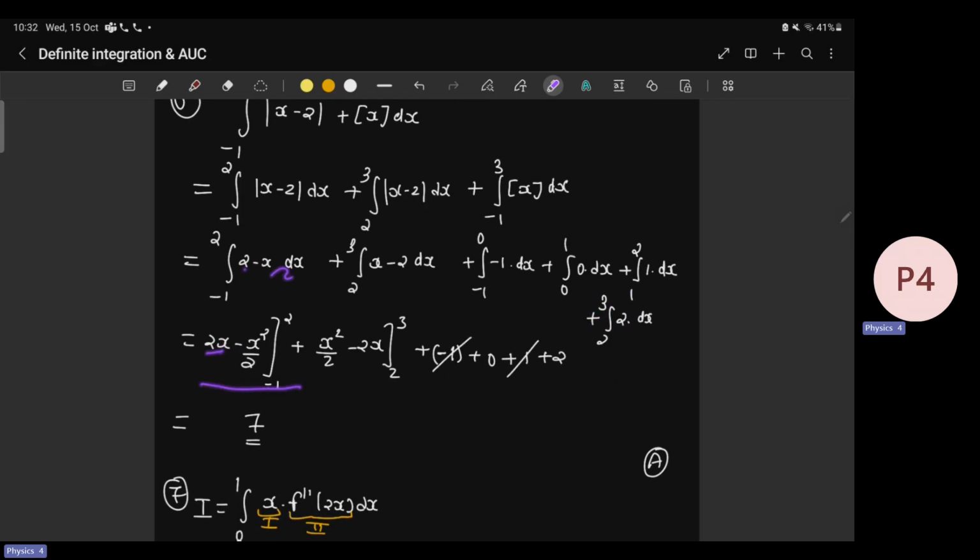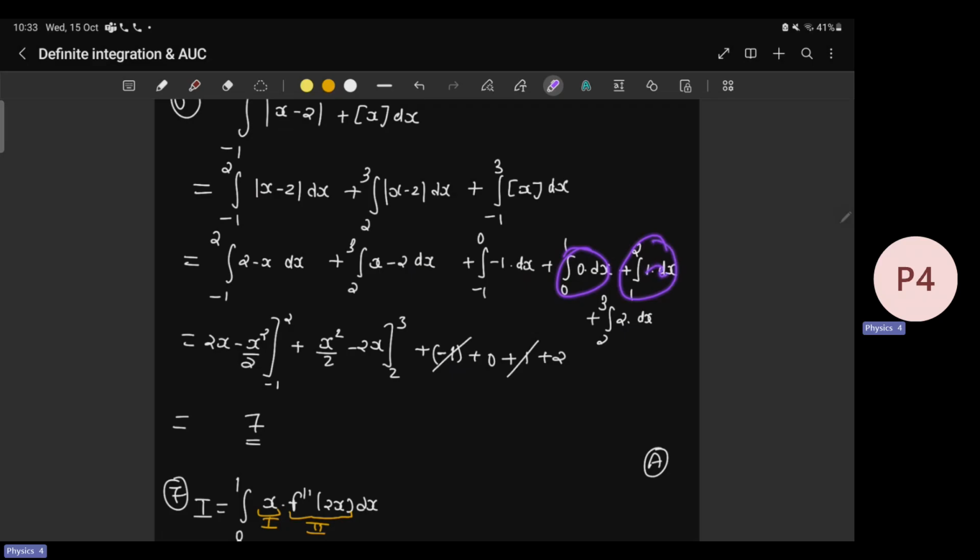Integration of 2 is 2x, x is x square by 2. Put the values of the limits minus 1 to 2. Again, the integration of x is x square by 2 minus integration of 2 is 2x. Put the values of the limits 2 to 3. Now here, the integration of minus 1 is minus x, put the values of the limits, it is 0 only.